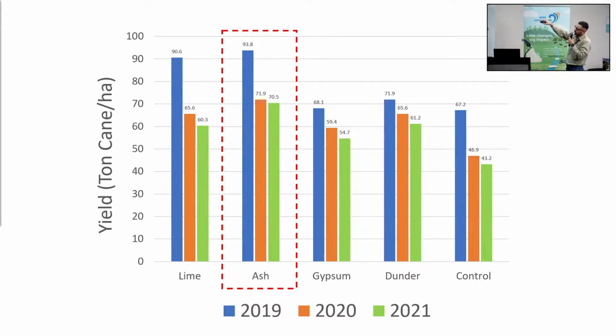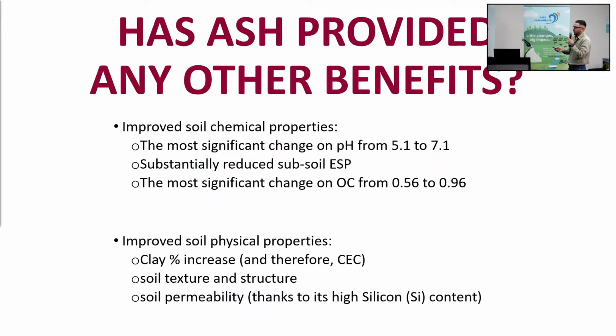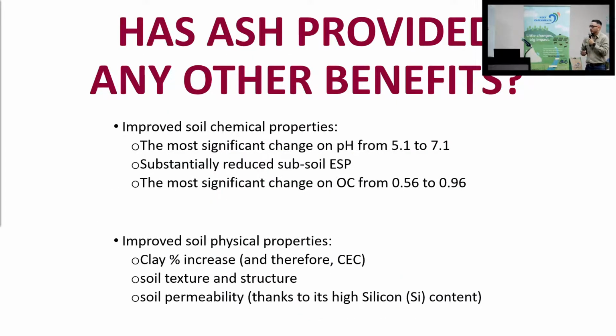So the ash one was the one that showed the better results in 2021, 2020, and 2019.